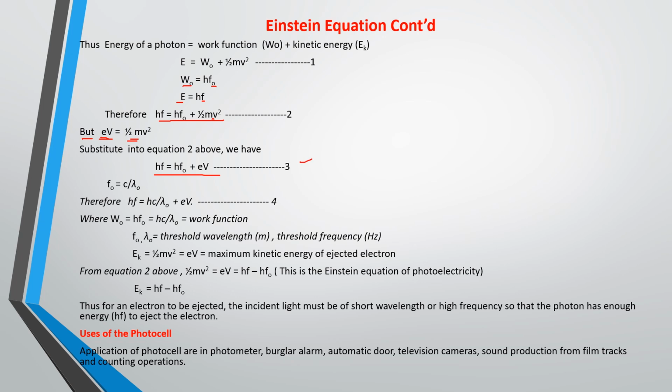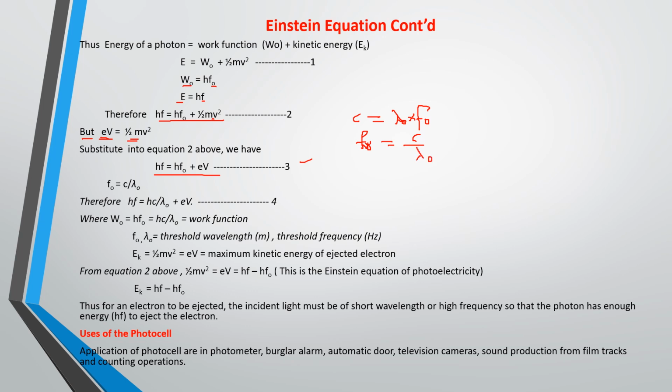Now also remember that threshold frequency can also be written in terms of wavelength, remembering that C is equal to lambda O times FO. So FO can also be given to us to be equal to C all over lambda O, right?